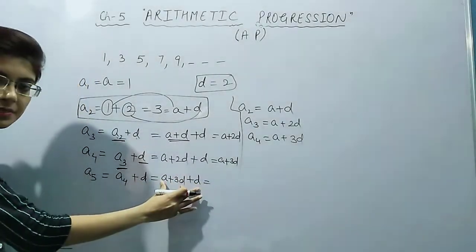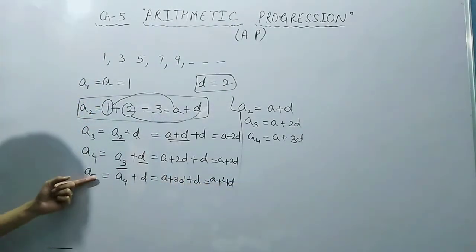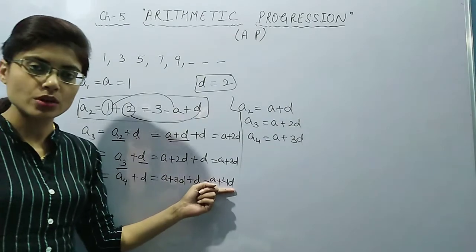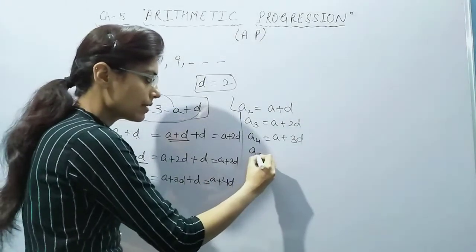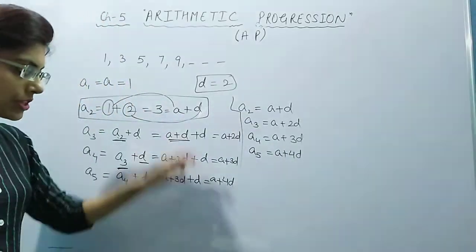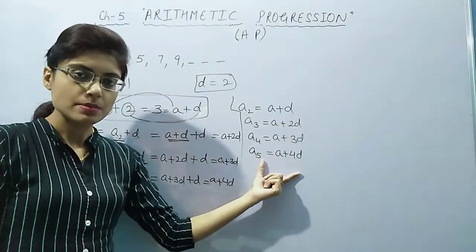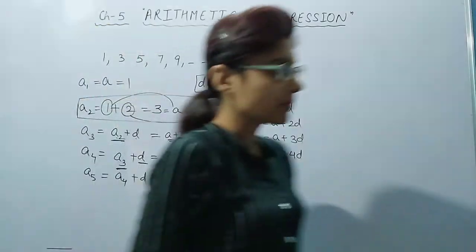Solving these we get a plus 4d. So a5 is equal to a plus 4d. Now we shall not be proceeding further. Let us observe these steps and derive the formula.